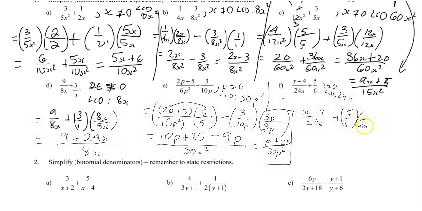To get 24x, put an x. Whatever goes in the denominator goes in the numerator. So we know our denominator is 24x. We have an x minus 4 plus 20x. So 21x minus 4 over 24x.